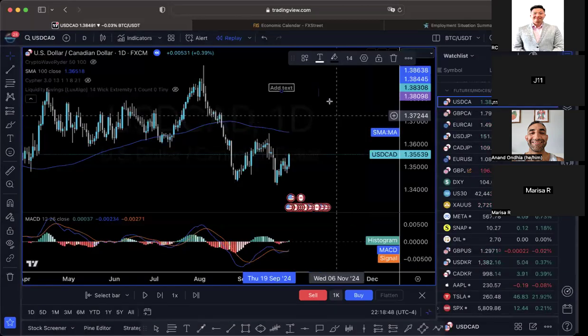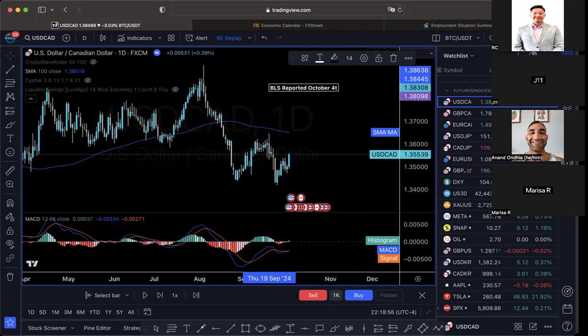So BLS reported, October 4th, 2024, NFP data: over 250K jobs were created and the unemployment rate has little to no change.